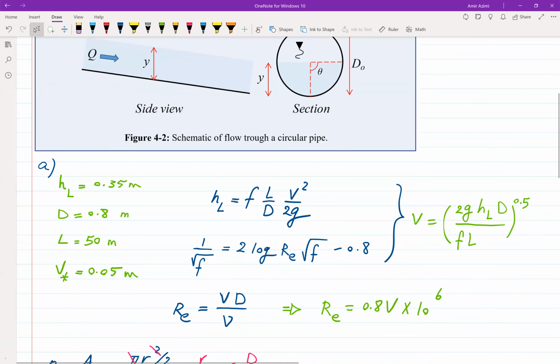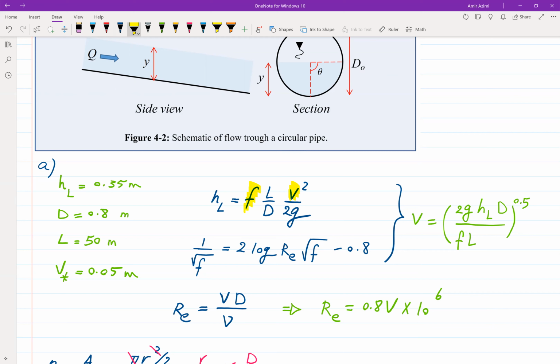Okay, so here we have the Darcy-Weisbach equation. Head loss is equal to friction factor times pipe length divided by diameter, times V squared divided by 2g. But if you look at this equation, we have two unknowns. We don't know the friction factor and we don't know the velocity either. But there are two equations for high Reynolds number.